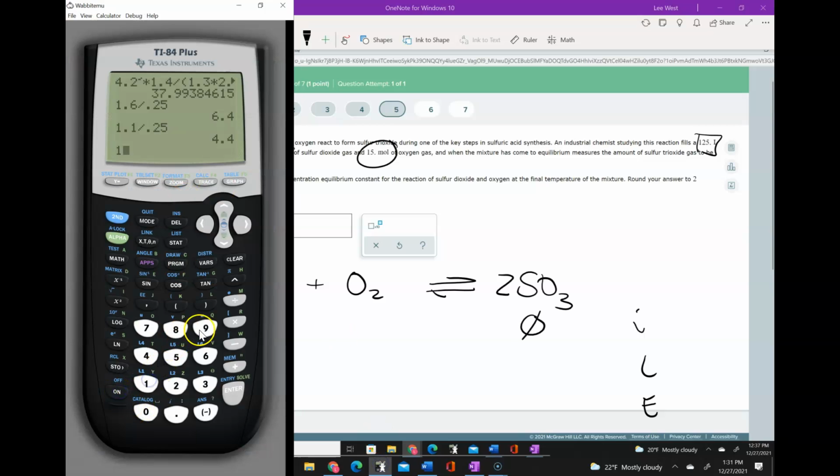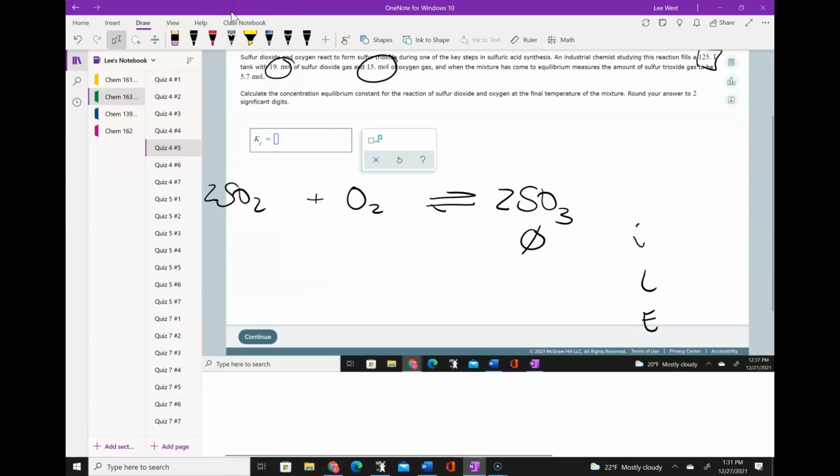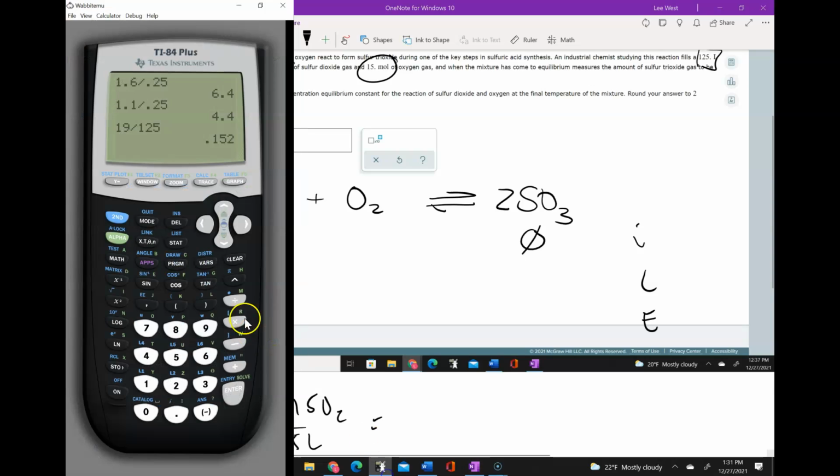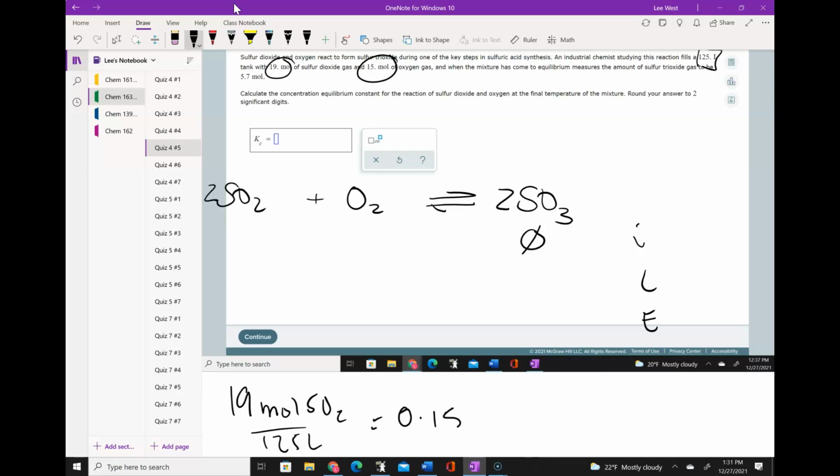We've got 19 moles in 125 liters, which gives me 0.152 moles per liter, uppercase M. Remember, you only ever work in molarity or atmospheres when you're doing Kc and Kp calculations respectively.